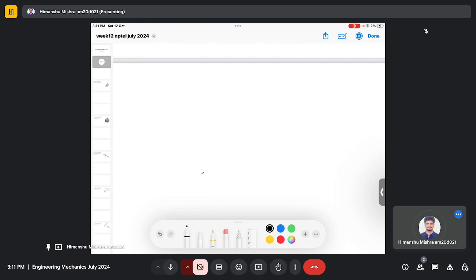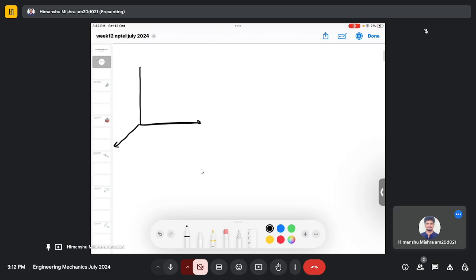So for example, let's say this is my Cartesian coordinate and there is one body which I am placing here. Let's say this is a shaded part, just for identification of the rotation. Now let's say this is my case 1 and I am rotating the body about the z-axis by 90 degrees.